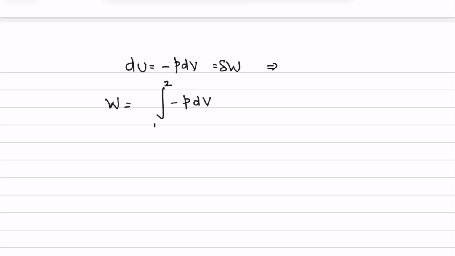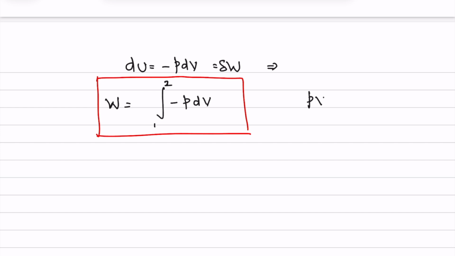And if PV is equal to constant, we have done the problems. In this, we have calculated the work done also by using this equation. The relation between P and V, for example, PV to the power of n is equal to constant. That implies P is equal to some constant by V to the power of n.